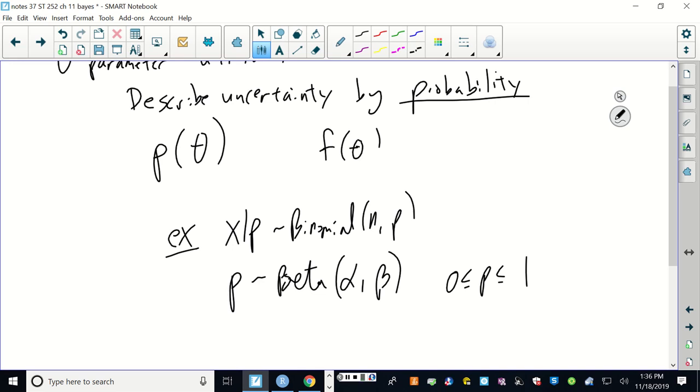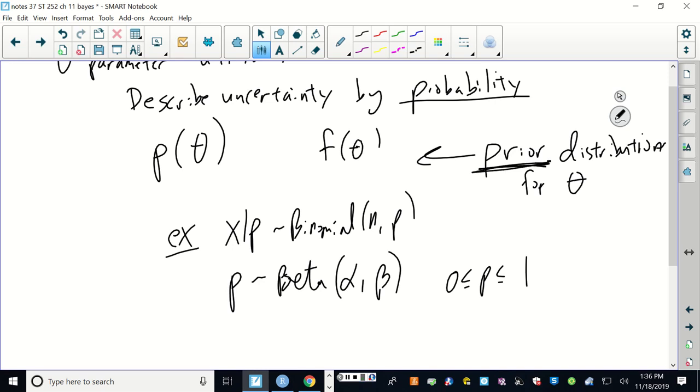And depending on what you think before you go around and gather data, based on your prior opinions, these are prior probability distributions for our parameter.